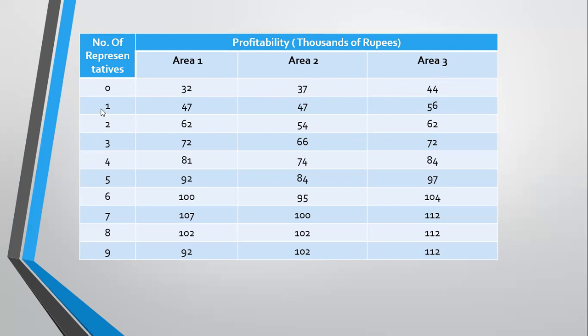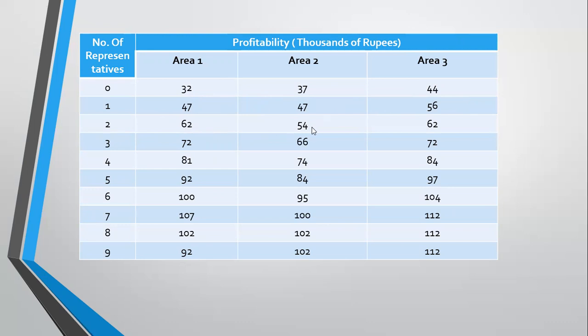Next row, suppose I am appointing 1 sales representative in areas 1, 2 and 3, the corresponding cost figures are given in the table: 47,000 for area 2 and 56,000 for area 3. Then if I am placing 2 sales representatives in area 1, the profitability cost is 62,000 rupees.